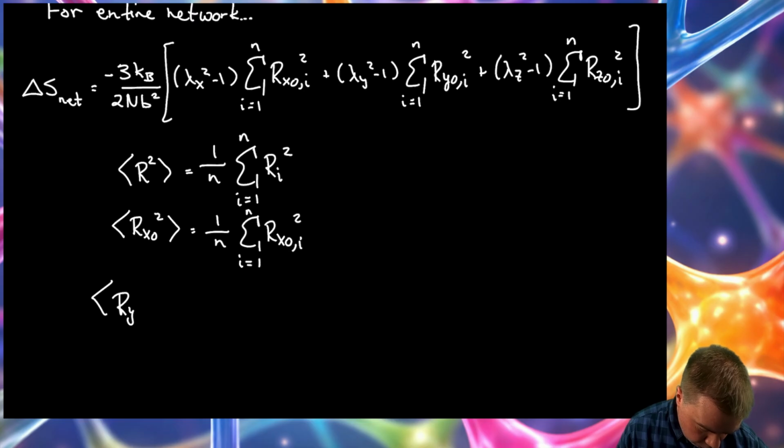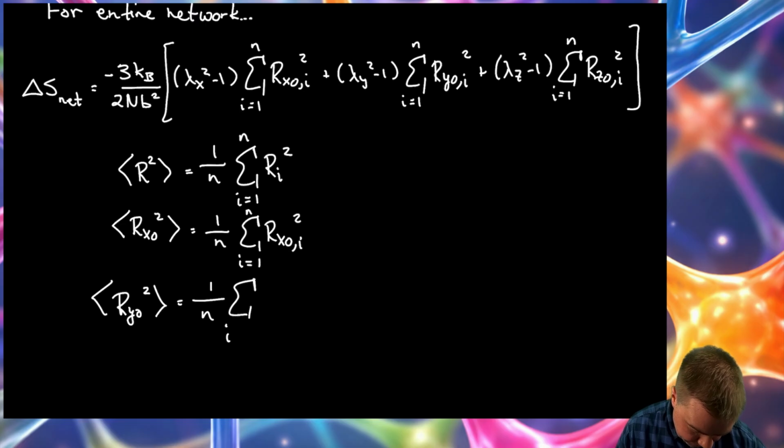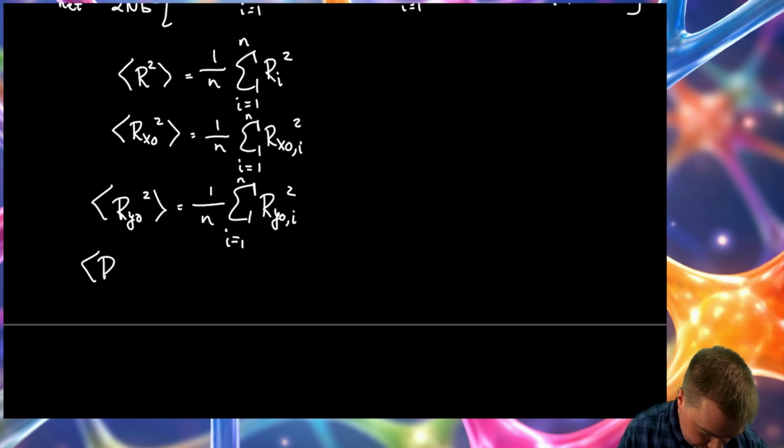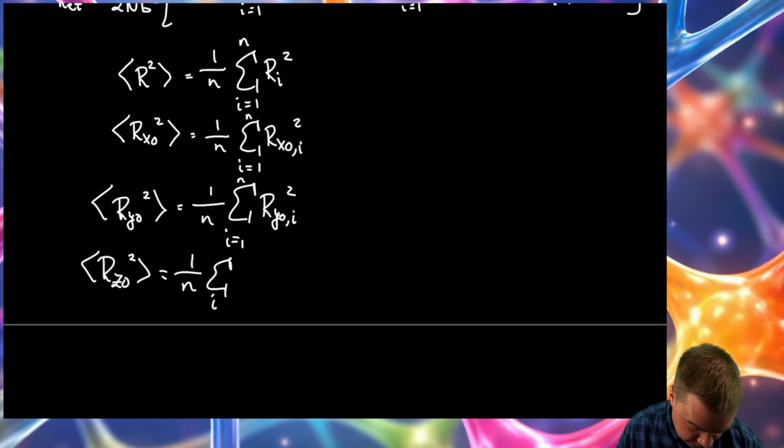So Ry0 squared would be 1 over n, and we sum up the values for all of the chains in the network. Let's just do the other one, right? Let's write down Rz0 squared. Again, 1 over n, summation over i of Rz0,i squared. i goes from 1 to n.